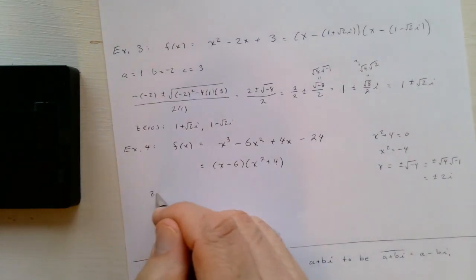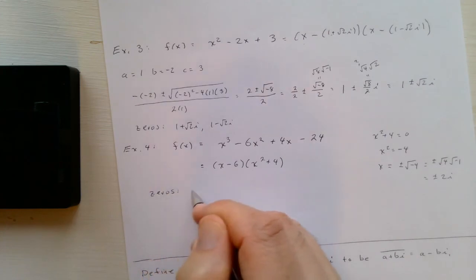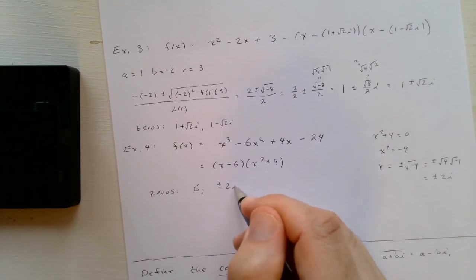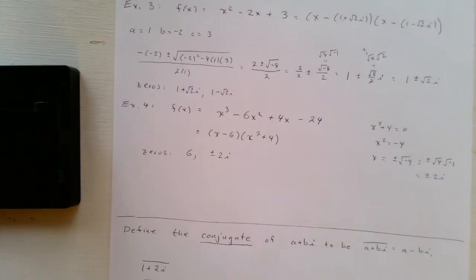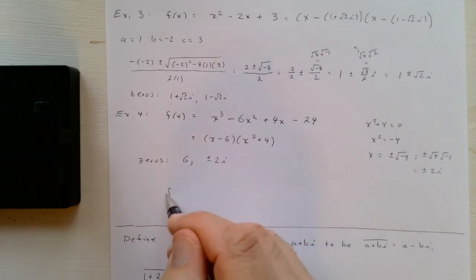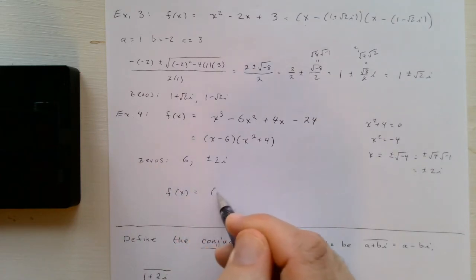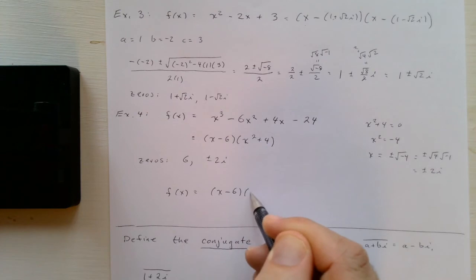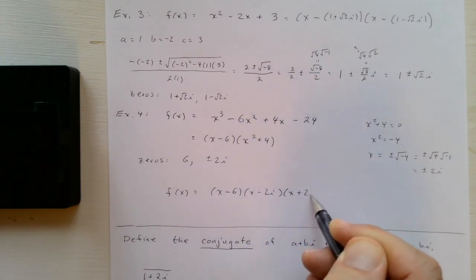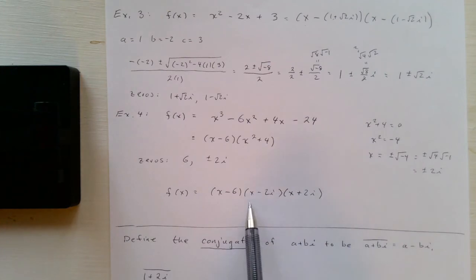So the zeros will be 6 and plus or minus 2i. And in fact, f of x will factor as x minus 6 times x minus 2i times x plus 2i. Okay, you can check that if we multiply these two factors together, we get x squared plus 4.